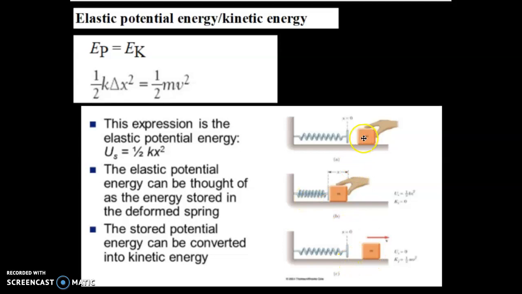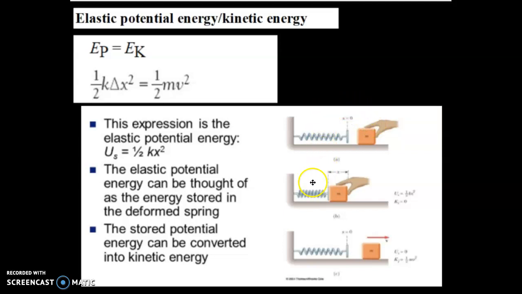Your mass, as you can see here, is pushing the spring. So what you're doing is you're bringing kinetic energy and you're moving this spring inwards. So that kinetic energy is being stored as strain. That would be half mv squared equals half kx squared.